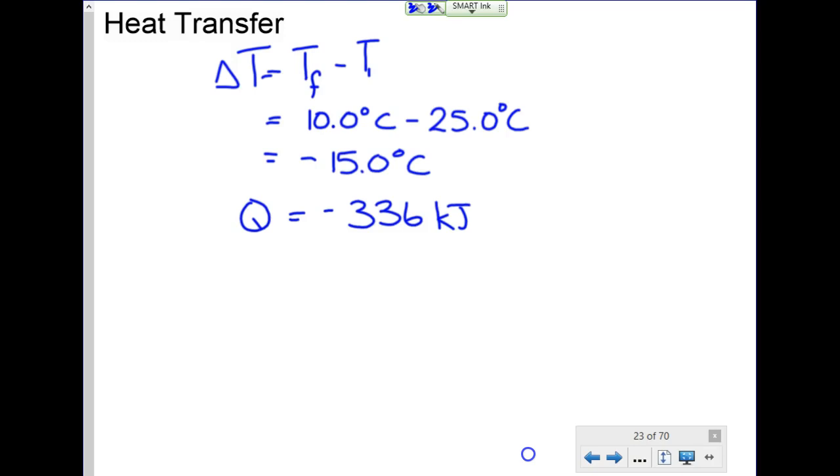What is the mass of the statue, if the specific heat capacity of iron is 0.449 joules per gram degrees Celsius?